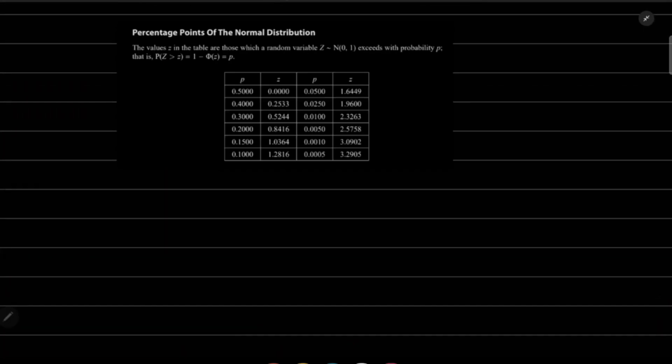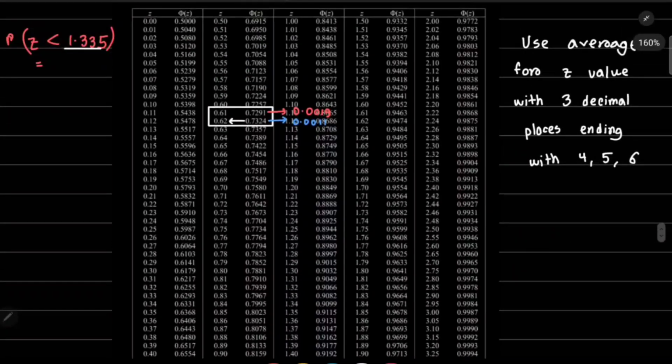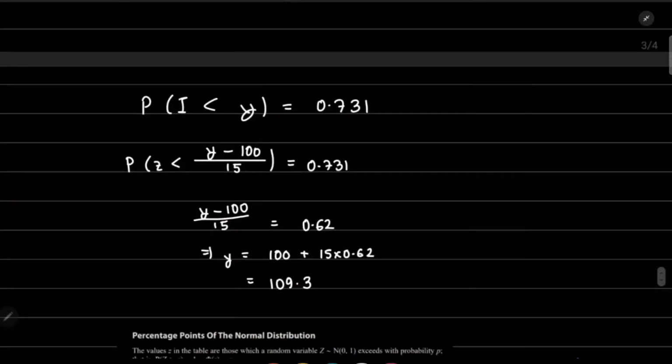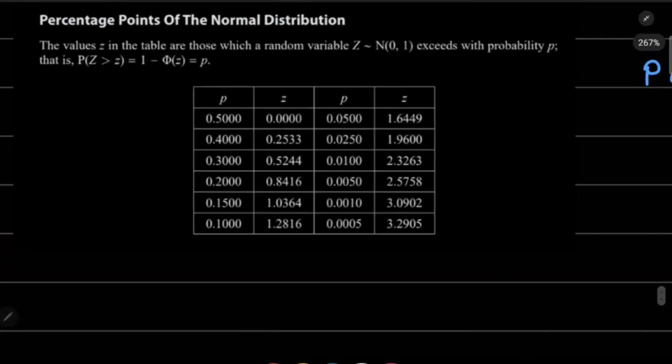If I look at this table, it calculates 1 minus the probability. So this case over here is when z is greater than a certain value. So normally in the previous table we were given z on the left and the probability on the right. Now in this table it's flipped. We have the probability on the left, and if I know the probability I can find the z value.